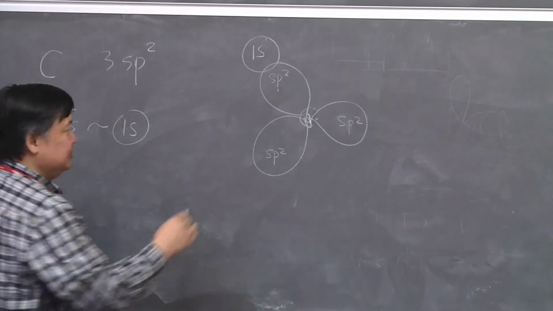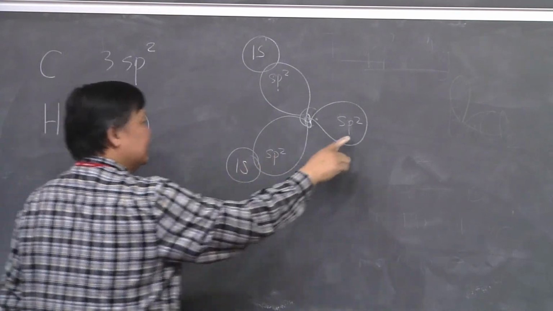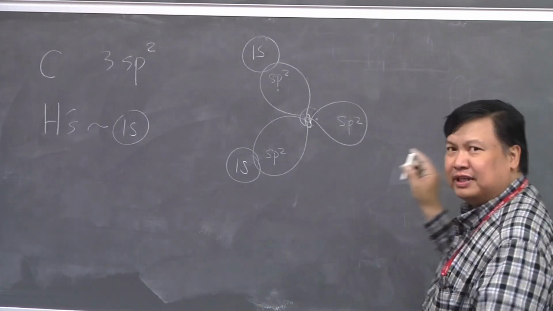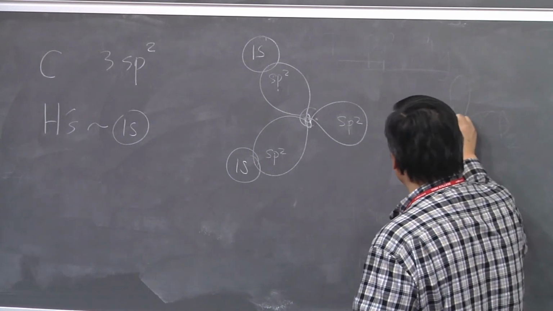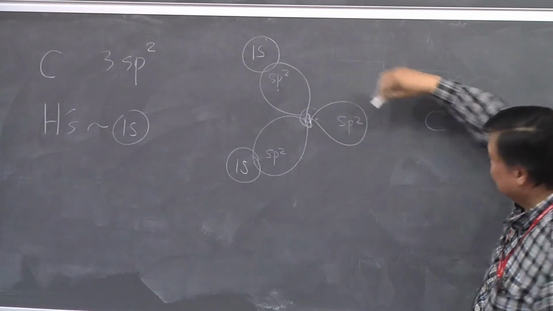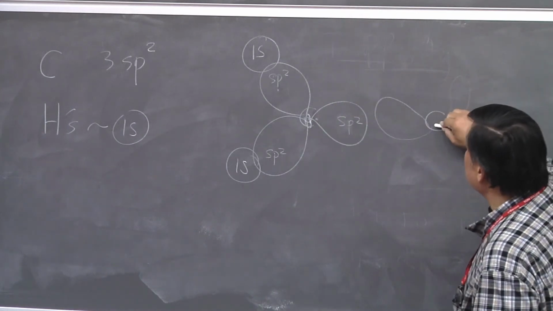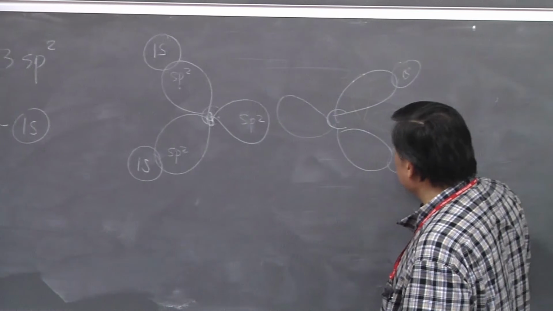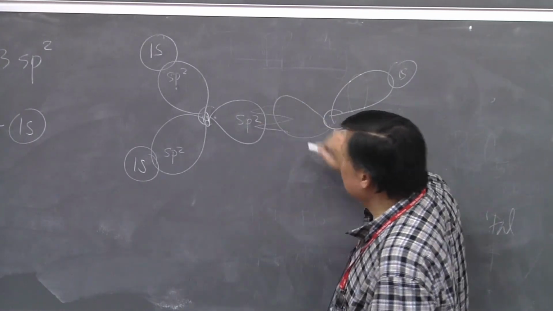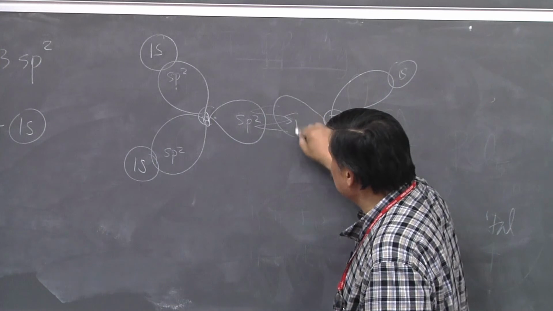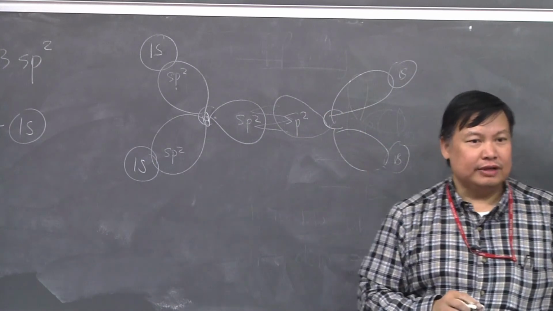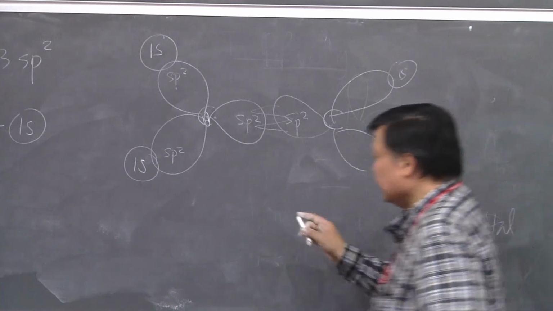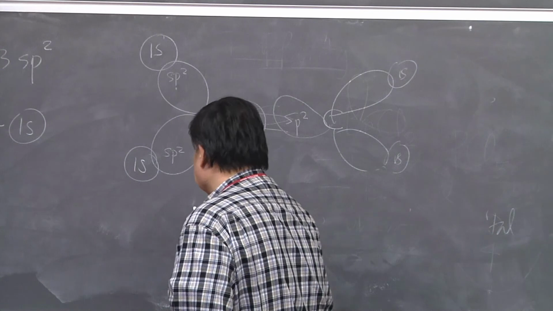The other one is, right? How about this guy? The same. Is it an H? No, it's the other. Remember, there's another carbon on the other side. So this guy will also have this, this, and this. So this one will be the 1s, and then this 2 will form the other head-on sp2. Let me draw the orbitals again of this carbon.